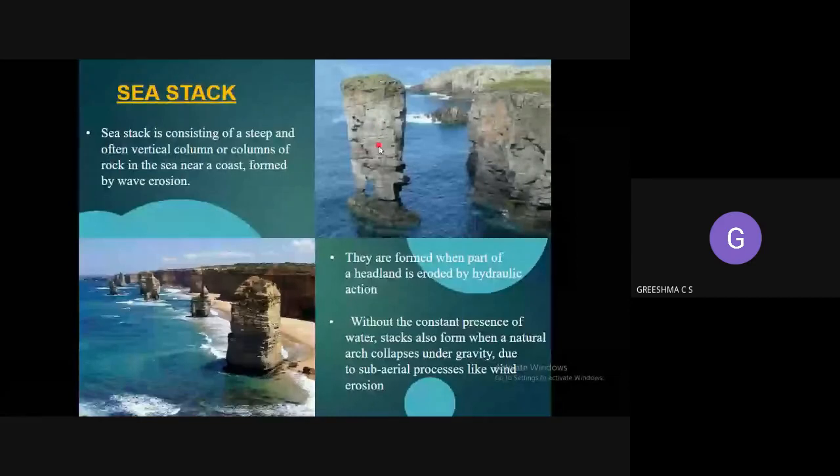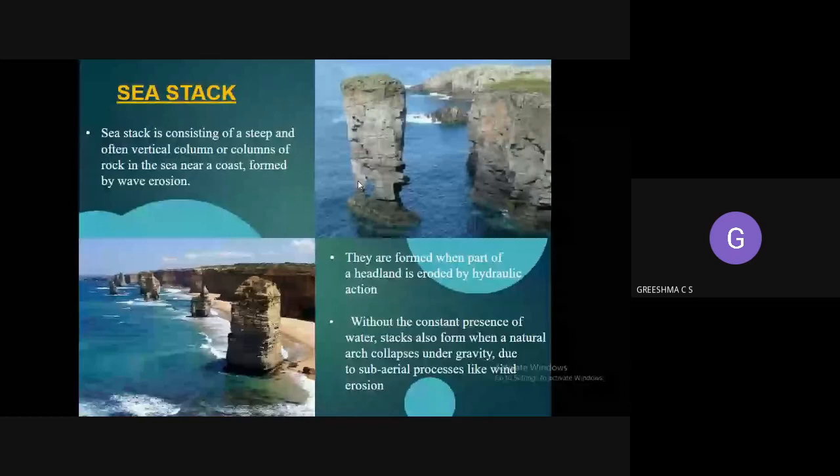Okay, you can see this is standing alone, right? Like a column. It stands like a column. So this is a steep vertical column which is formed near the coastal area by wave erosion. So what do you mean by sea stack? In this picture I think it is more clear.